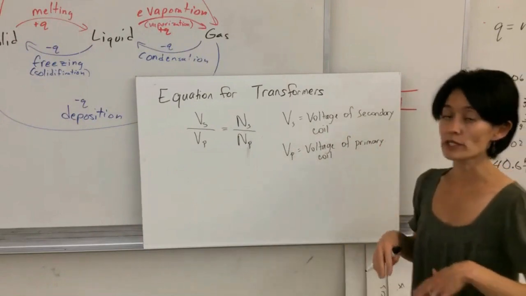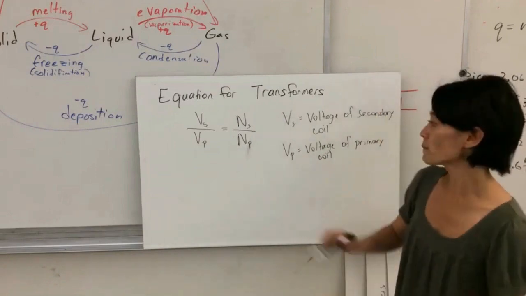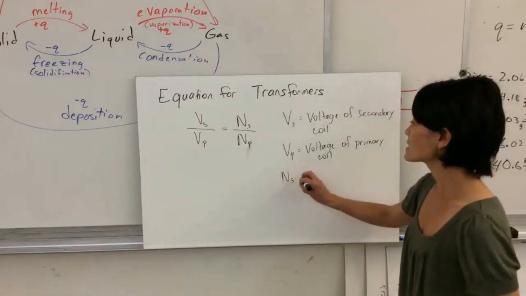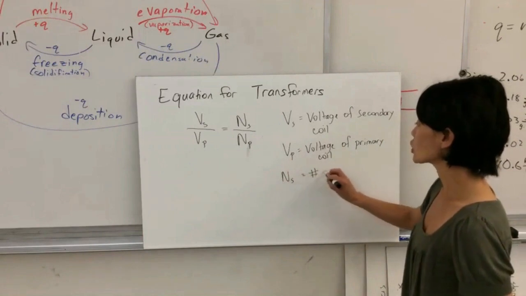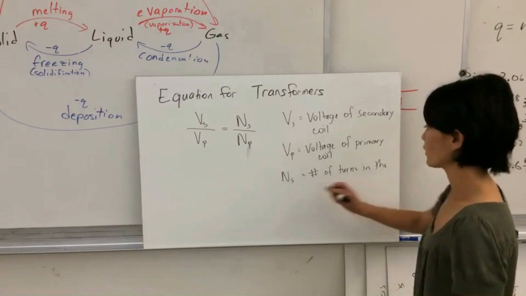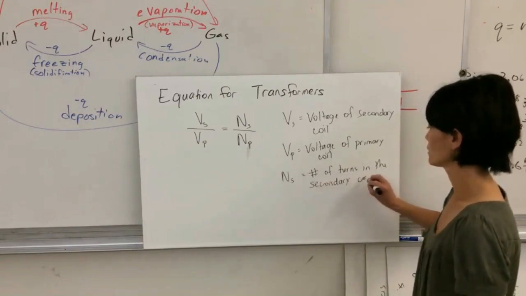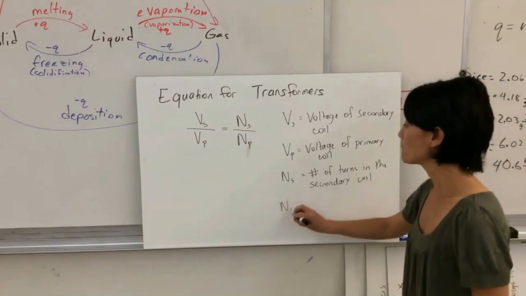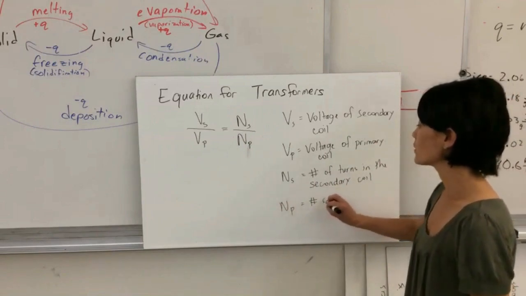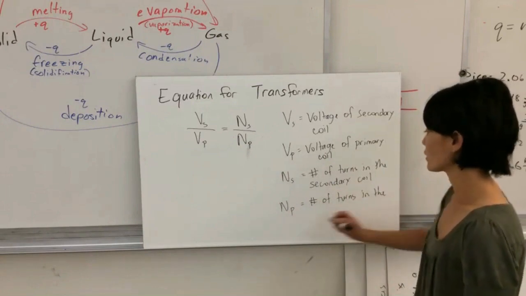Primary being the one we send the alternating current through first, and then we induce a voltage in the second coil. And then Ns is the number of turns in the secondary coil. And Np is the number of turns in the primary coil.